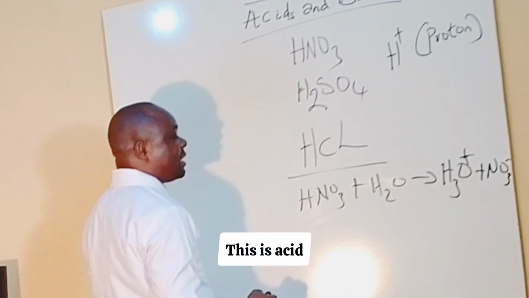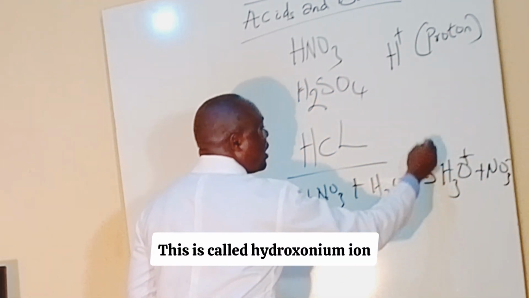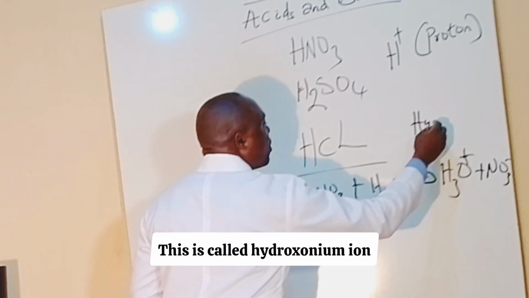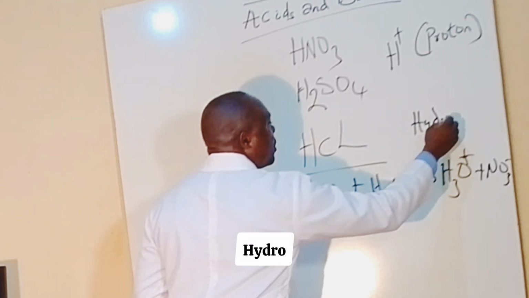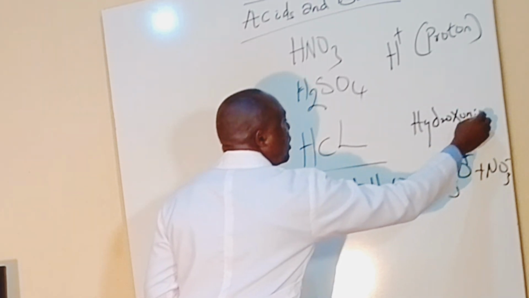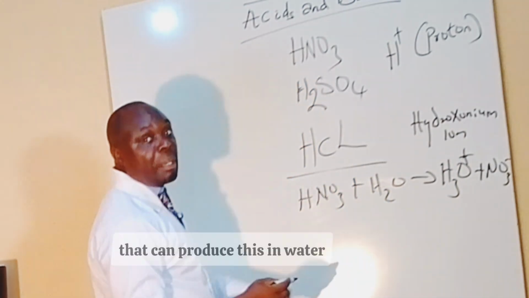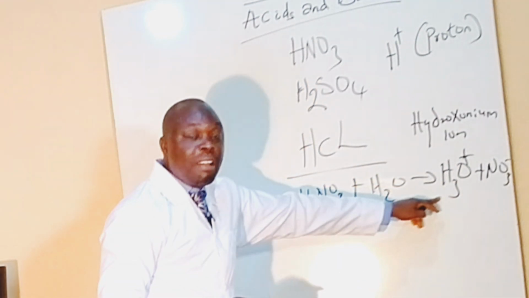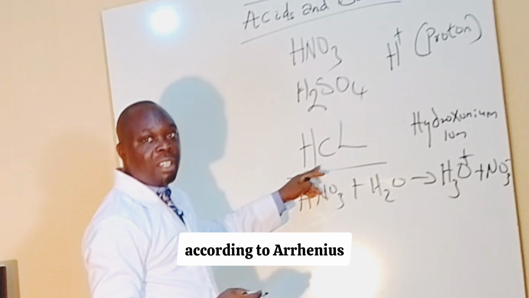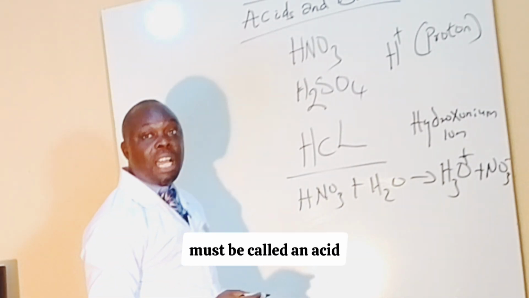This is called the hydroxonium ion. So any substance that can produce this in water, according to Arrhenius, must be called an acid.